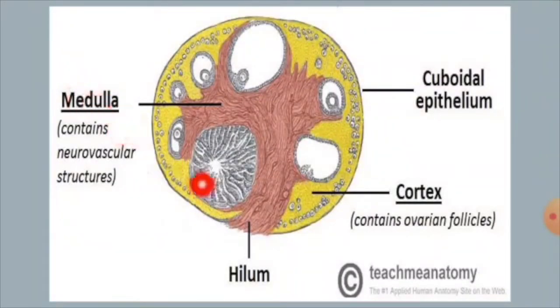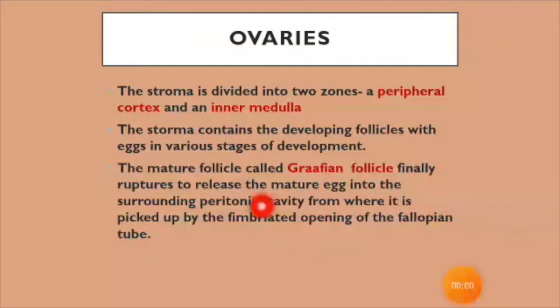Here we can see the outer cortex region, which is formed of cuboidal epithelium cells, and the inner medulla region, which contains the neurovascular structures, meaning many blood capillaries and nerves are there. And the cortex region contains the ovarian follicles. The stroma is divided into two zones, a peripheral cortex and an inner medulla.